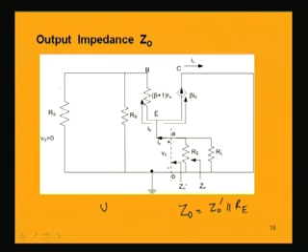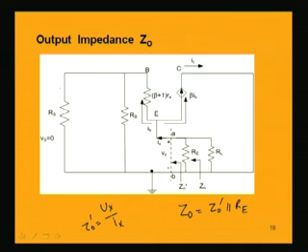Then we have to find Vx by Ix to know Z naught dash. That is, we have to find the expression between Vx and Ix, which gives Z naught dash. That Z naught dash will be in parallel with R e, which gives the actual output impedance of this whole transistor amplifier.